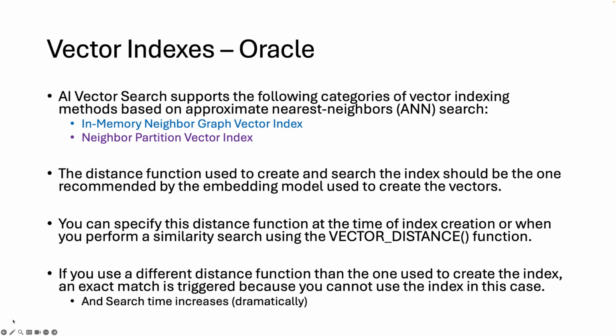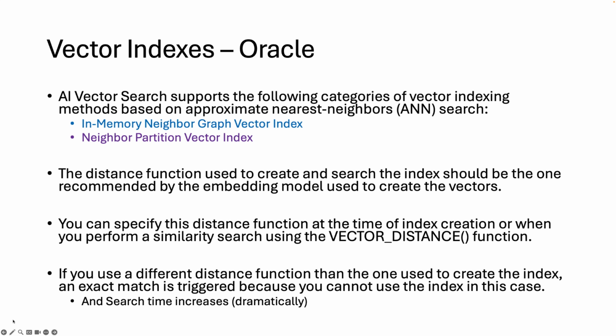Now, when we start looking at all of this, if we take the Oracle database as an example, and other databases are similar, we can do vector searches in there. Within the 23 AI database, we have two particular types of indexes. One is disk based, and the other is memory based.